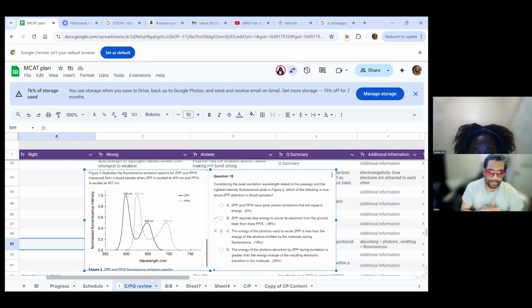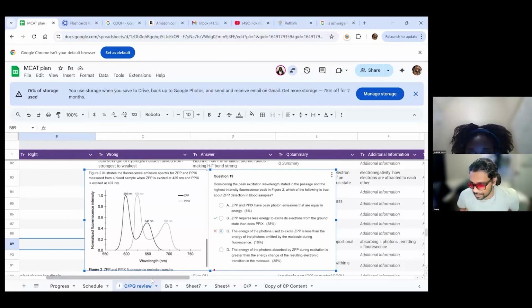Okay, so now, a couple of things. First, you have to know what these things they're talking about are in terms of concept. For instance, fluorescence emission, and also what happens when an atom absorbs a photon, and what happens when an atom emits a photon.